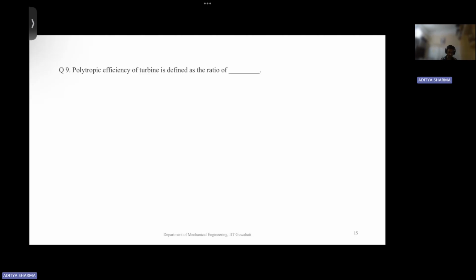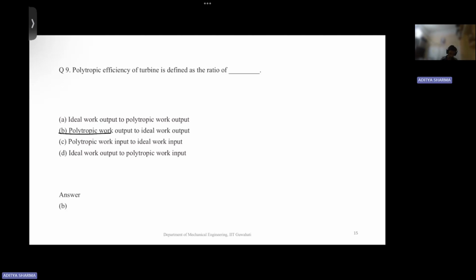Polytropic efficiency of a turbine is defined as the ratio of polytropic work output to ideal work output.